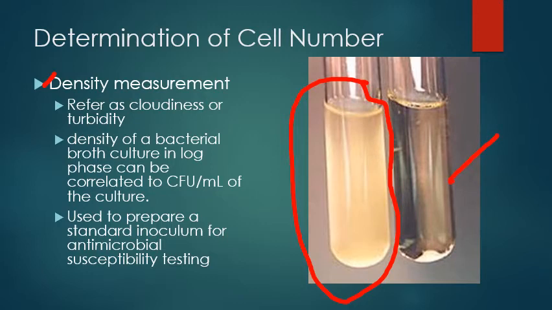So, density of bacteria broth culture in log phase can be correlated to CFU/mL, colony forming unit per mL of the culture. So, ibig sabihin nun, pwede tayong mag-assume na yung kapag nasa broth na, tapos nilagay natin sa plate, similar sila.